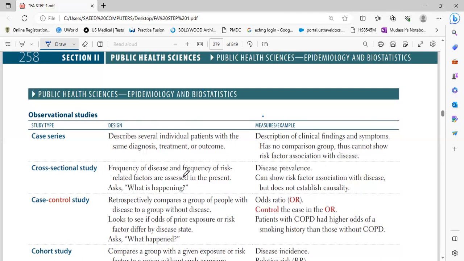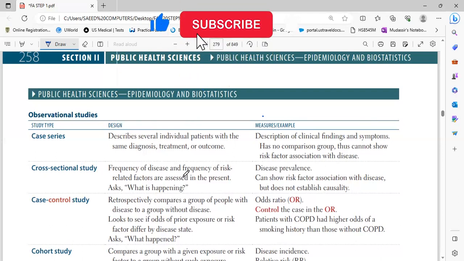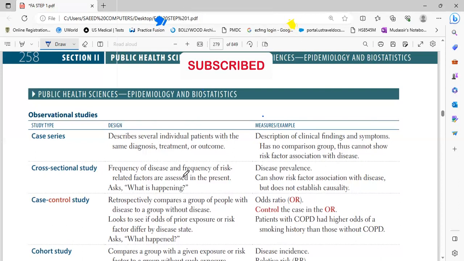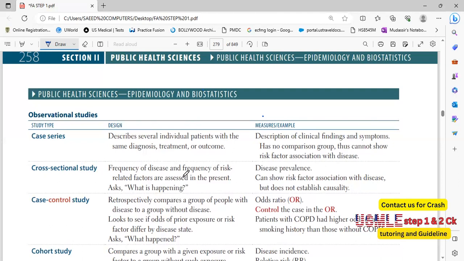That is case series. Most of the time case series are done in the case of epidemic or pandemic. When the pandemic or epidemic comes, you give a description of your disease, your health issue. So that is called case series. You are just describing your disease, no control group. It identifies only the disease group, documents patient response to treatment or progression of disease.